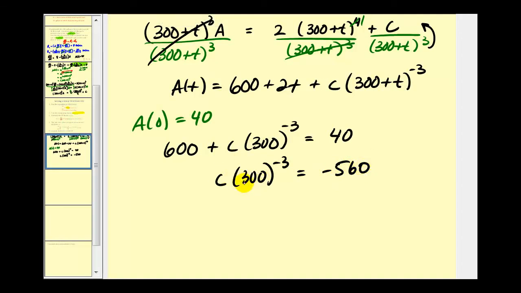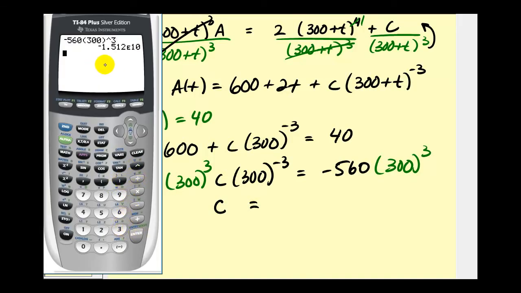Now here we could divide by 300 to the negative third, or just multiply by 300 to the positive third. Remember, here we'd add the exponents. That would give us 300 to the 0, which is equal to 1. So we have c equals this product here, which we'll go to the calculator for.